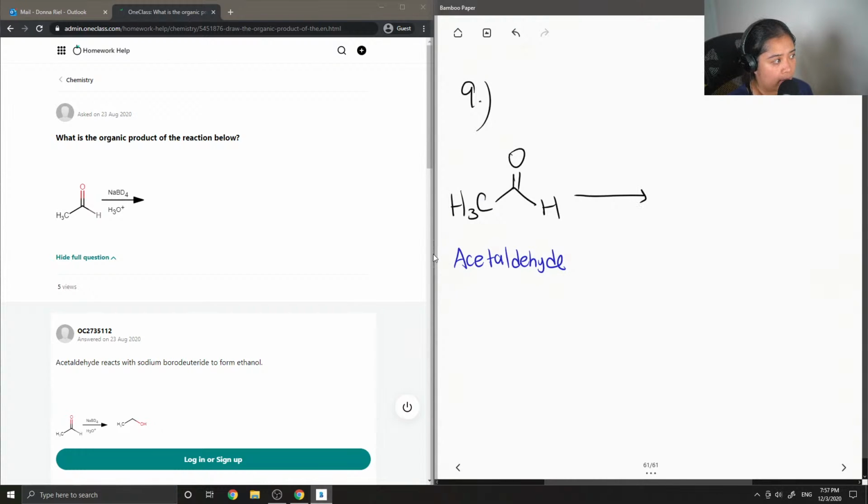And notice that it reacts with NaBD4, which is sodium borodeuteride, and H3O+. So this compound is the deuterated version of NaBH4, which is a reducing agent.